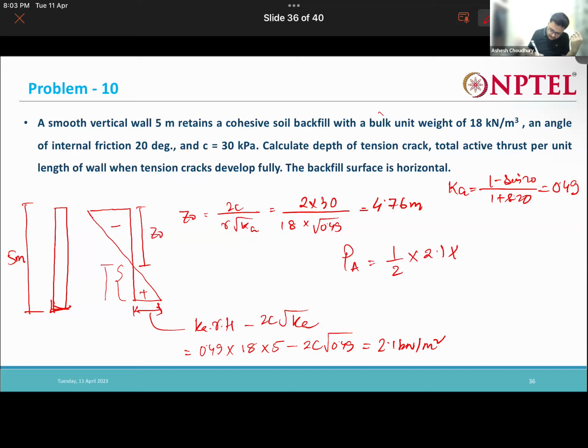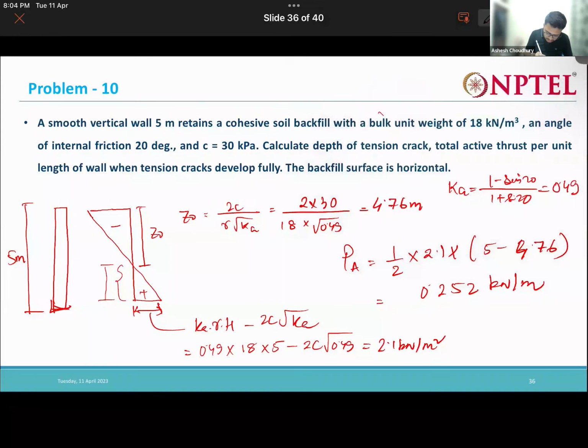What is this side? 5 minus 4.76, which is 0.24.